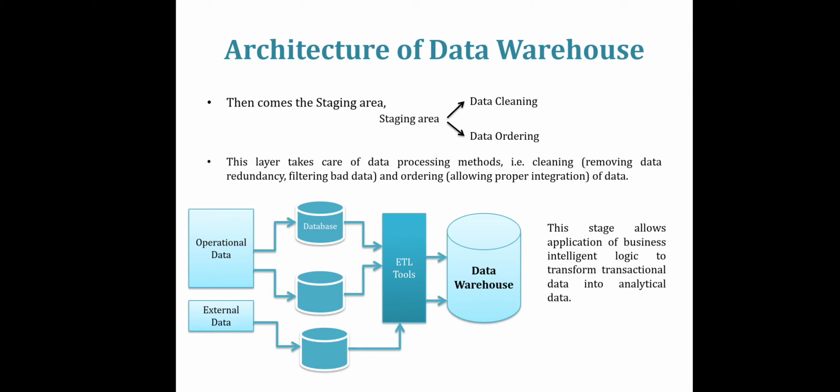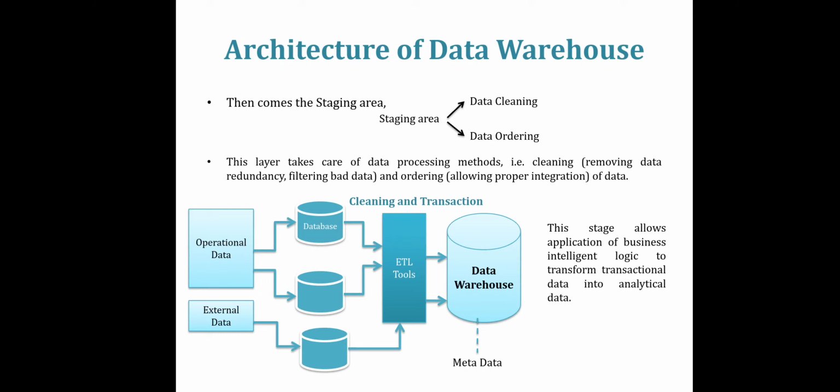And ordering means we have proper integration of the data. Integration should be proper and in an orderly manner while we are loading the data into the data warehouse. So here we are applying cleaning and transformation, and with that we are storing metadata in the data warehouse. So what is metadata? Metadata is nothing but data about data.